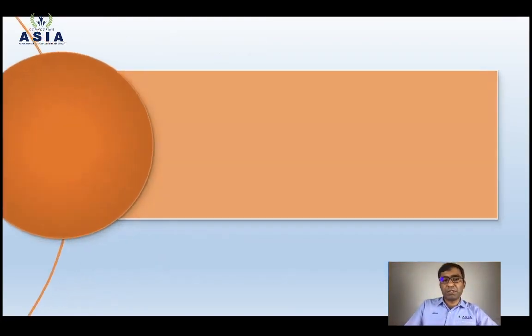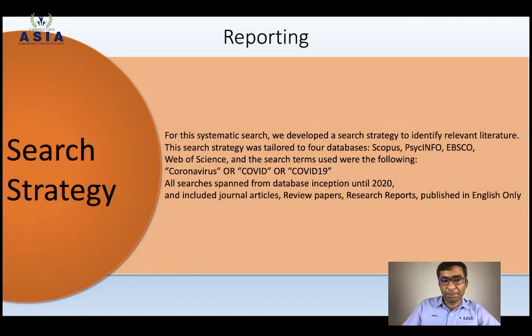First we see how we report the search strategy. This is how I report it. For this systematic research, we developed a search strategy to identify relevant literature. This was tailored for four databases: Scopus, PsycInfo, EBSCO, Web of Science, or any other databases from which you want to extract the records.